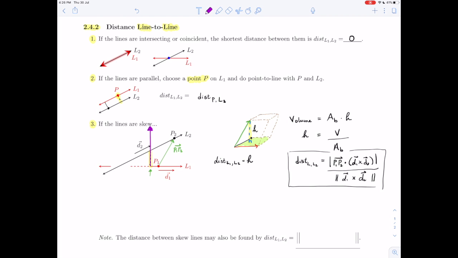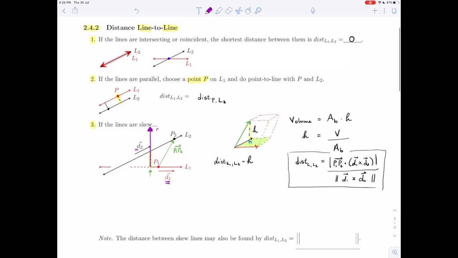The vector I've drawn in purple has to be perpendicular to d1 and perpendicular to d2. Well, the cross product, d1 crossed with d2, is exactly in that direction. So that gives me the direction of the minimum height, but that doesn't give me the height. That vector could be way too long. It could be way too short.